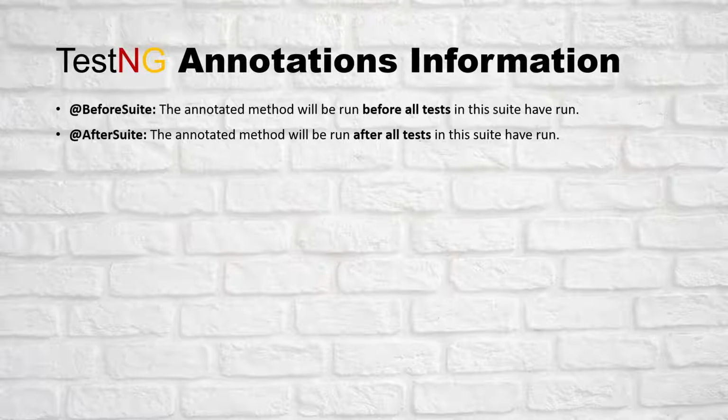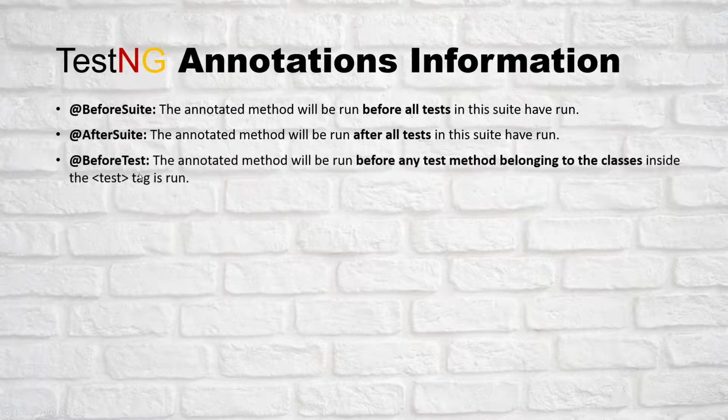Probably you want to generate a report, or send a mail to your manager or your peers. Then that particular method will have the after suite annotation on top of it. I hope that makes sense.